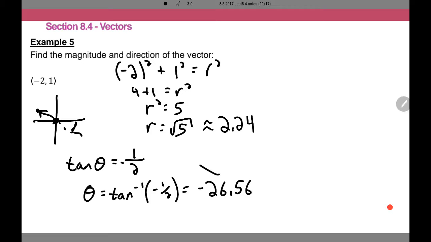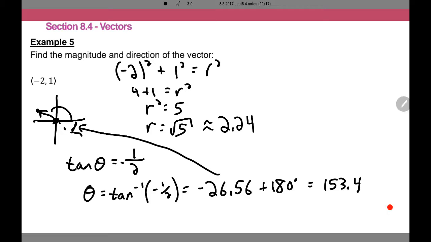That's the negative 25.56. I actually need the rest of that. I need to have a number that will give me an angle in the second quadrant from standard position. So in this case, I'm going to add 180 to this answer, and that will give me the right answer.